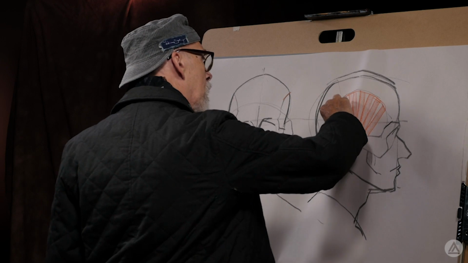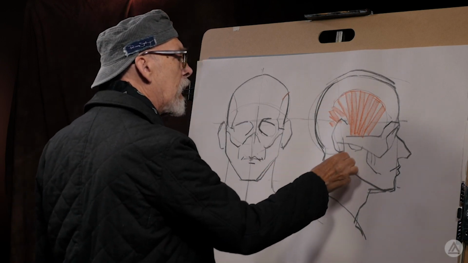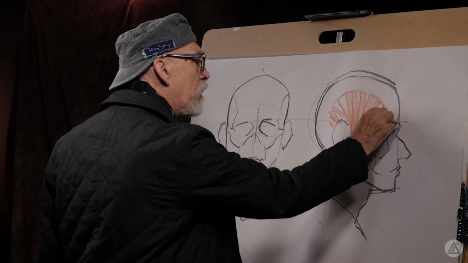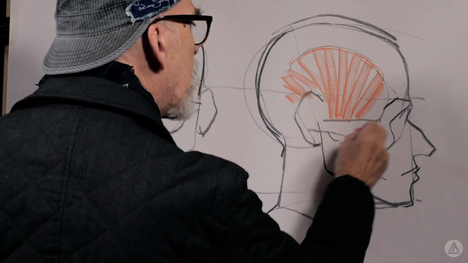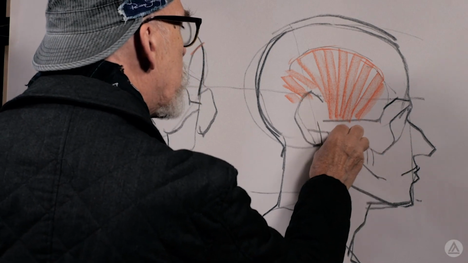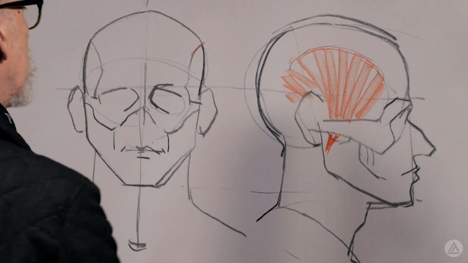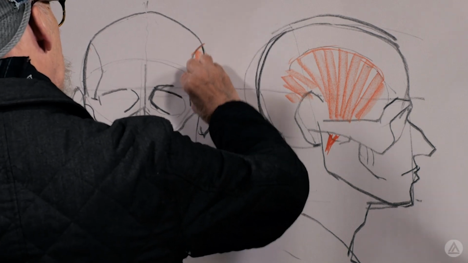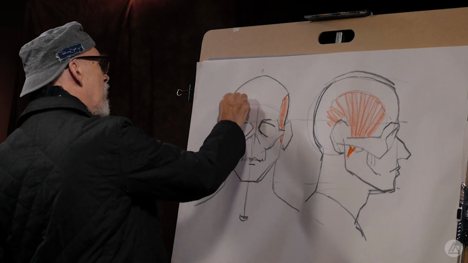What this muscle does is it lifts the jaw. It's a very large, powerful muscle, and it goes right underneath this zygomatic bone and attaches itself to the jaw right about there. So from the side, it looks like this. And it attaches there.